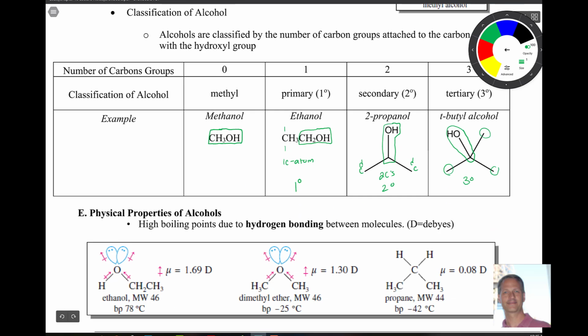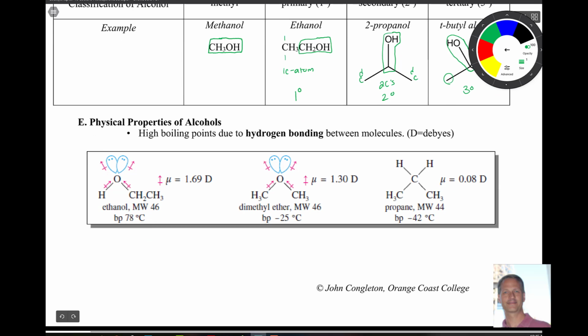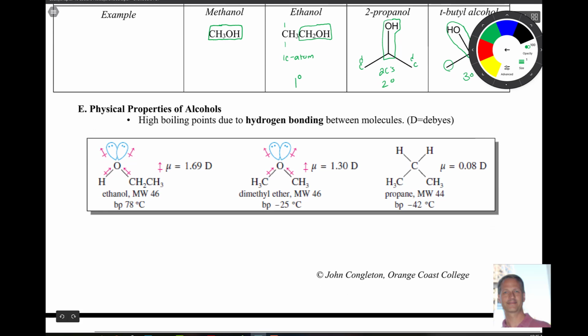Now, some of the physical properties that we see with alcohols are reflected in their boiling points, right? And that's because of H bonding. So if you look at this little chart, you have propane, which is governed by London dispersion forces, boiling point of -42.